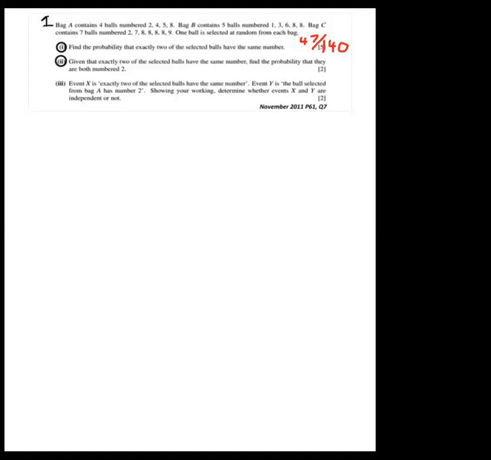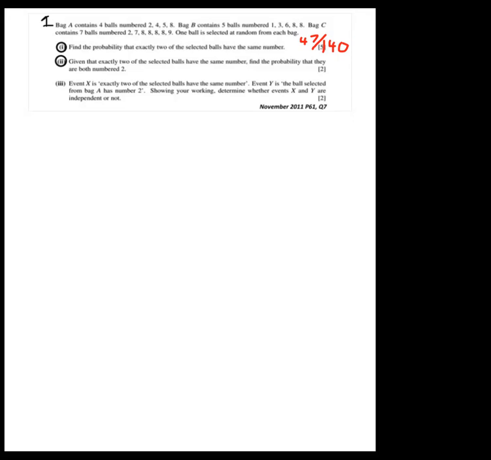Okay, so we've done the first part. Now in the second part, it says given that exactly 2 of the selected balls have the same number, find the probability that they are both numbered 2. Okay, so this is the case of conditional probability.